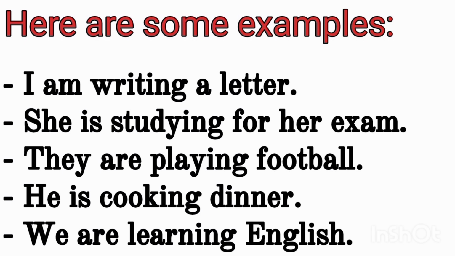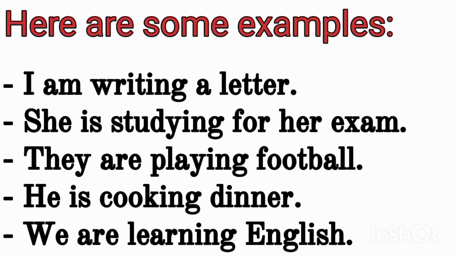Here are some examples. I am writing a letter. Here writing is a verb, and we use the ing form at the end of this verb. She is studying for her exam.